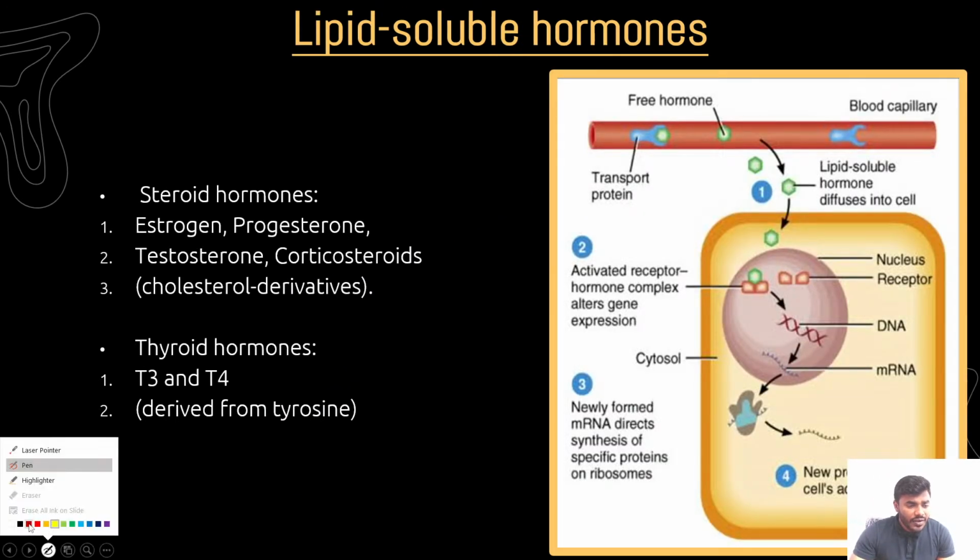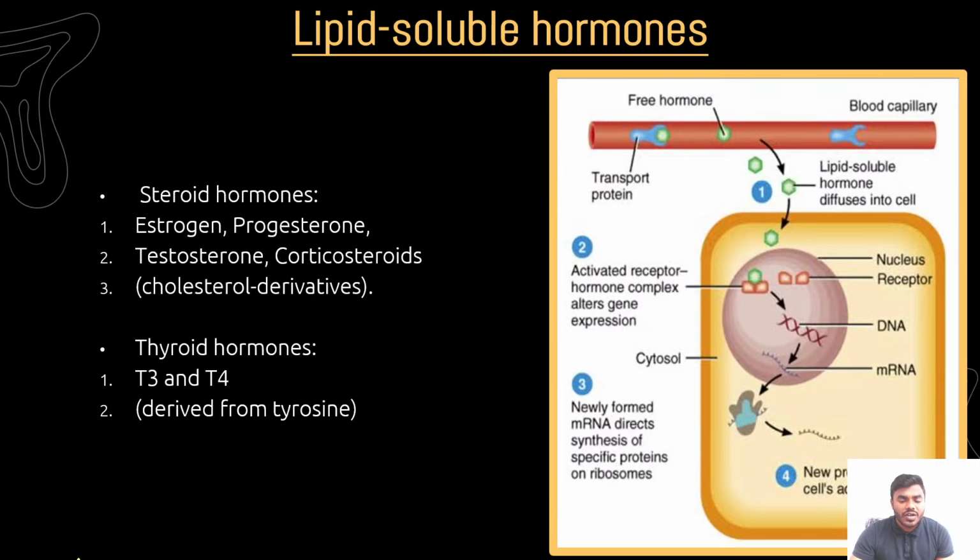I want every one of you to look into this diagram very carefully, friends. All the students follow me correctly. I have explained this previously very elaborately. This is the hormone. Which hormone is it? It's a lipid-soluble hormone. So friends, since it is a lipid-soluble hormone, it can easily cross the plasma membrane and enter into the cytoplasm followed by the nucleus.